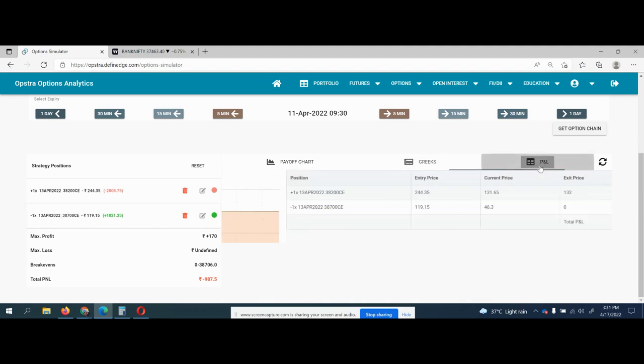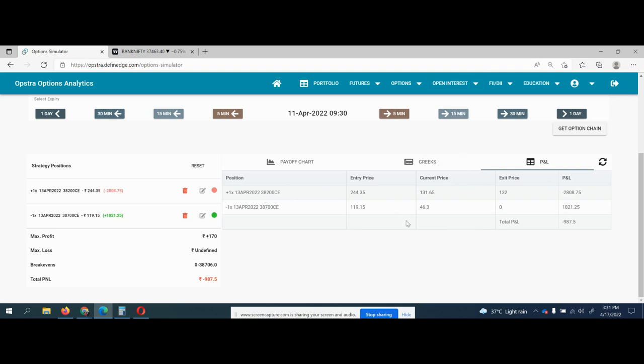Let me come back to profit and loss. What strike do we need to sell? We have squared off this entire leg. The premium of the call sold leg is 46.3. So we have to ensure that we are selling a put leg close to this 46, not exactly 46, maybe 80 to 90% or 70 to 80% of the premium worth of put leg.